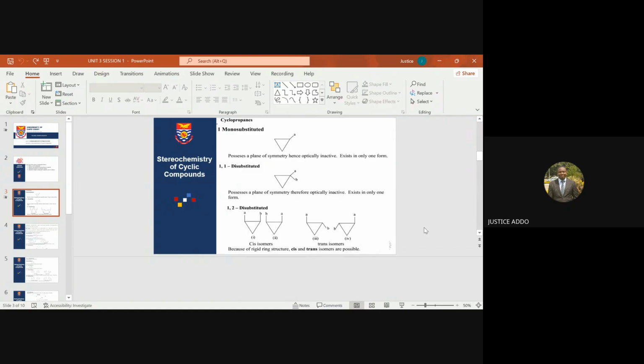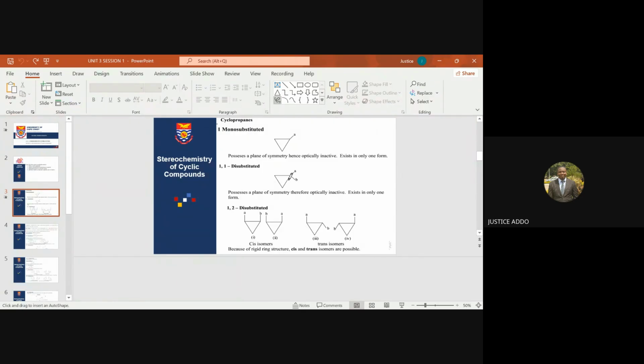So we can also have the 1,1-disubstituted cyclopropanes, and they also behave similarly to the monosubstituted ones, where you have 2 substituents A and B, but both are on the same carbon, 1,1-di. And for those too, you can have a plane of symmetry.